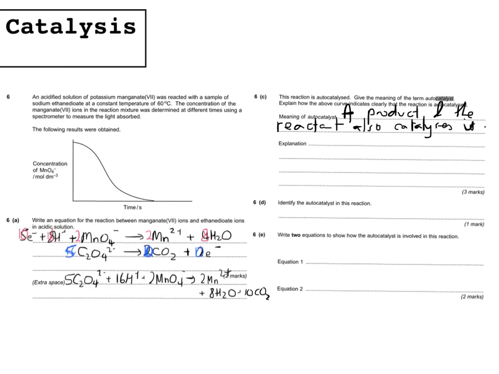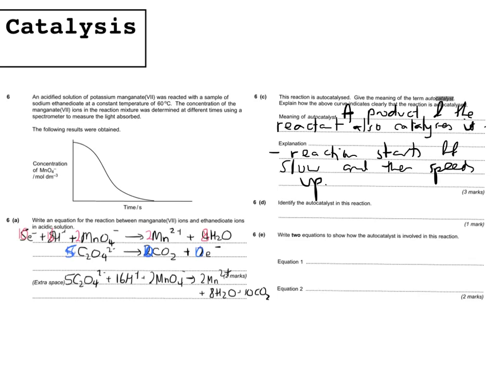And then we need to explain how the graph shows that this reaction is being catalysed. Basically, the graph shows it because the reaction starts off slow and then speeds up, and that's it.